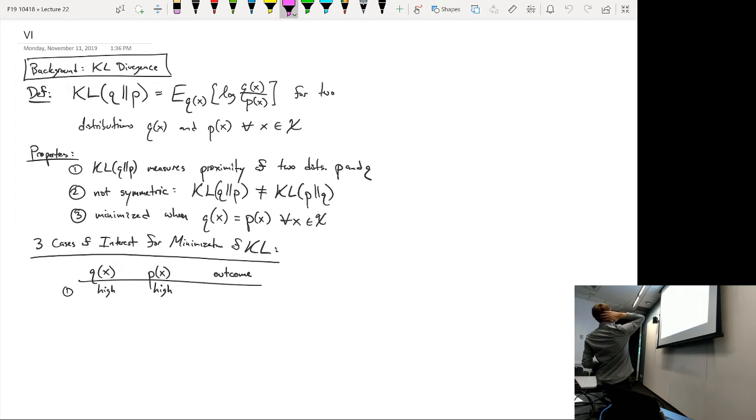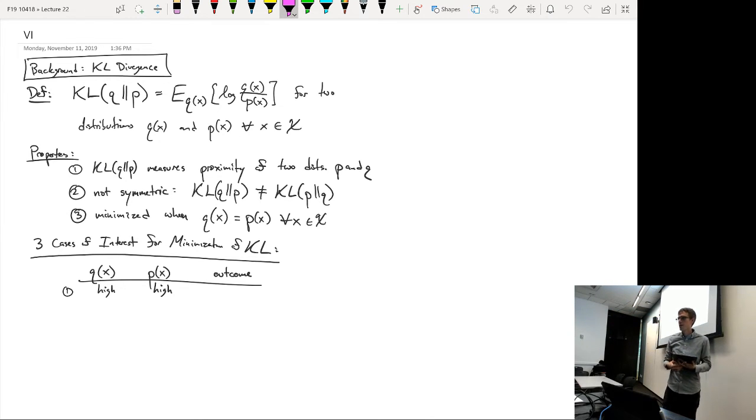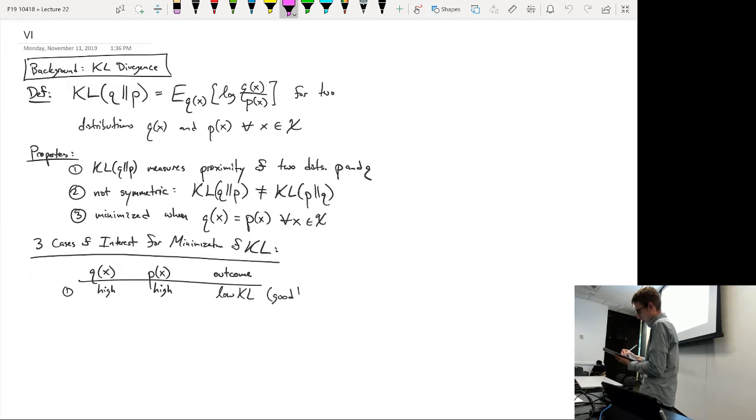And if they're both high, then the log of their ratio is going to be the log of something close to 1, and the log of something close to 1 is kind of like 0. So the outcome here is going to be sort of low KL, which in our case is good because this is like a distance metric.